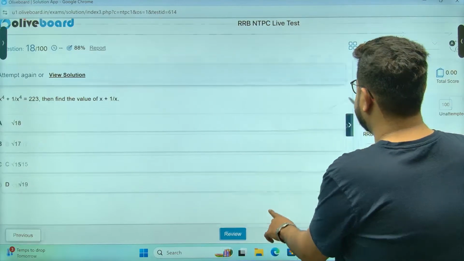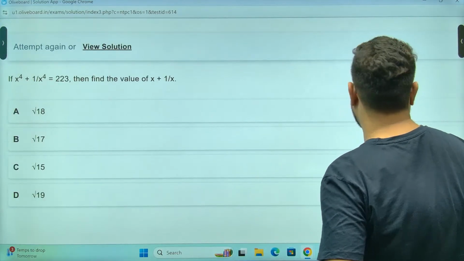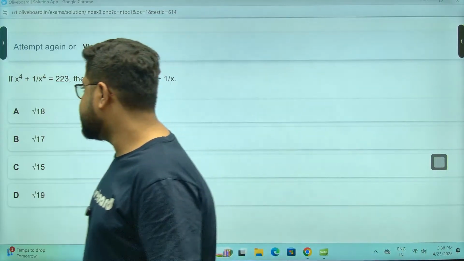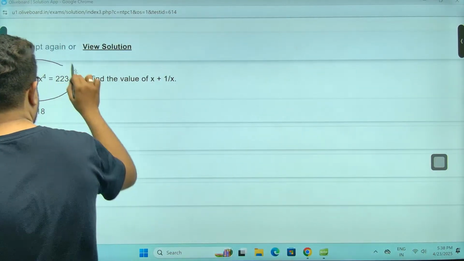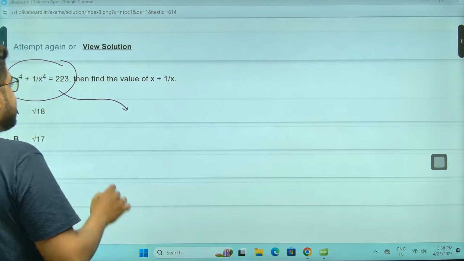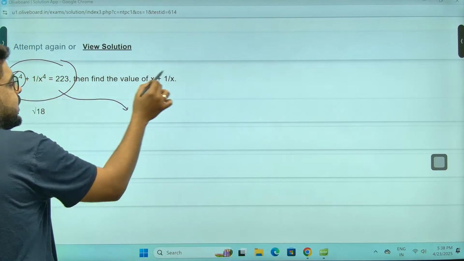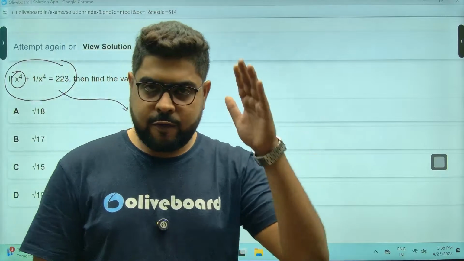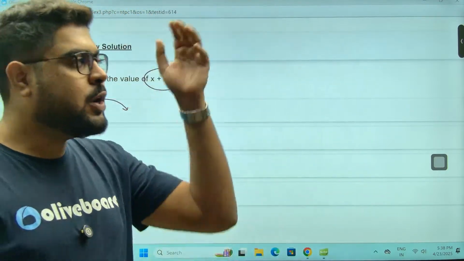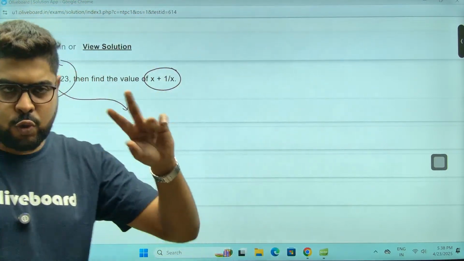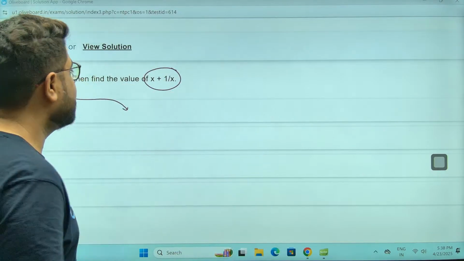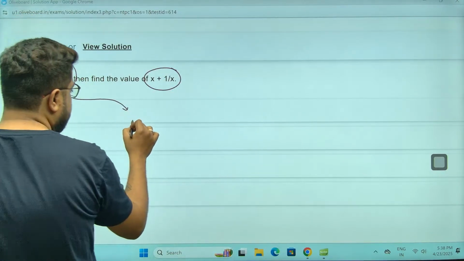So this question, an algebra question, sir. This is given, to the power 4. I need to go to the power 1. That means two steps. From 4, I can get to 2. From 2, I can get to 1. So 2 steps I have to take. I cannot jump directly. So from the power 4 to the power 2, how can I go?